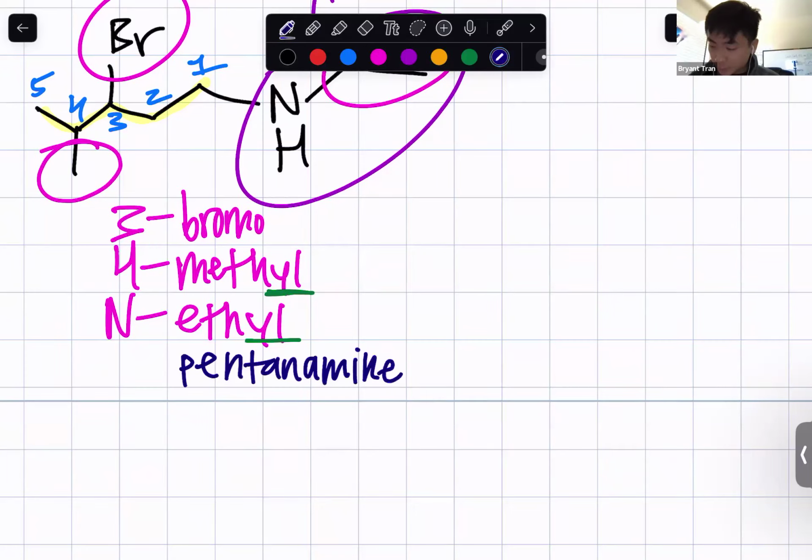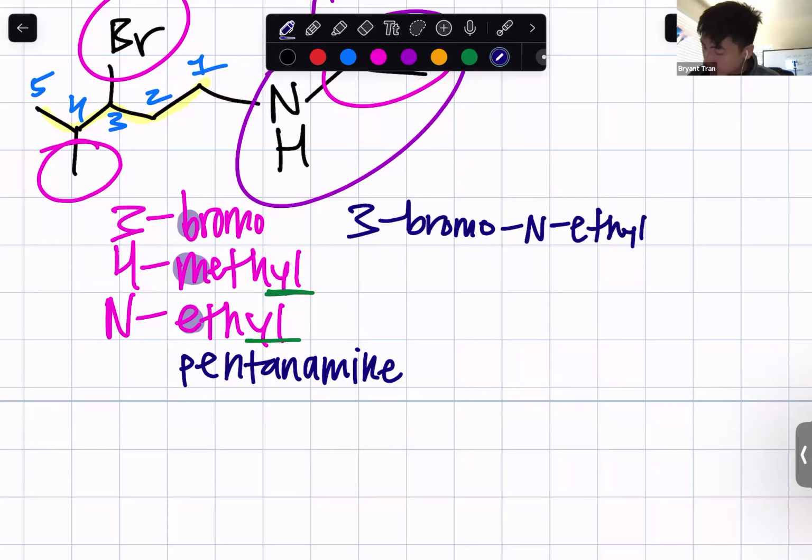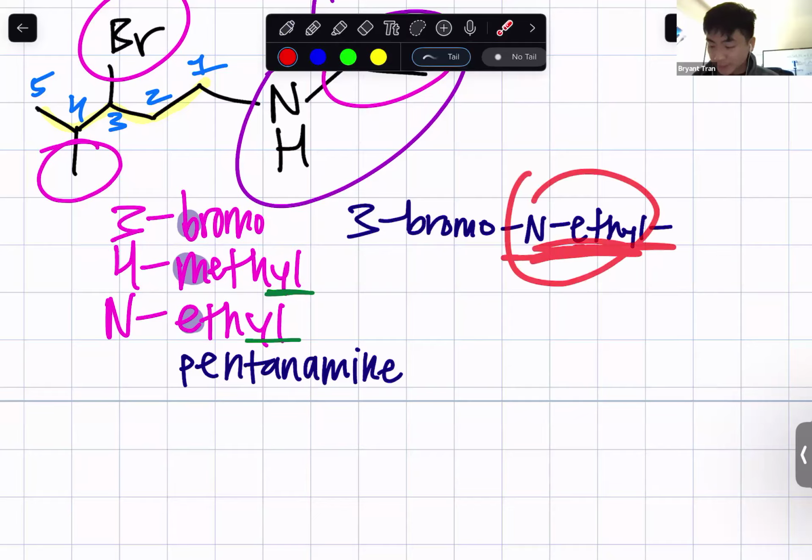And if we were to put in alphabetical order, comparing B, M, and E, B comes first, so that would be 3-bromo, and then A, B, C, D, E, N-ethyl. And we put dashes, like you see the dashes here between numbers and letters, but I'm getting confused here about the N because I don't remember if the N will always be first, but I'll look it up and make sure after this.